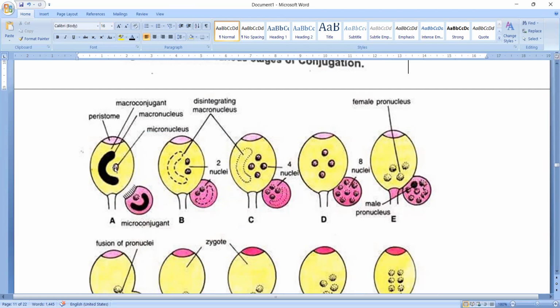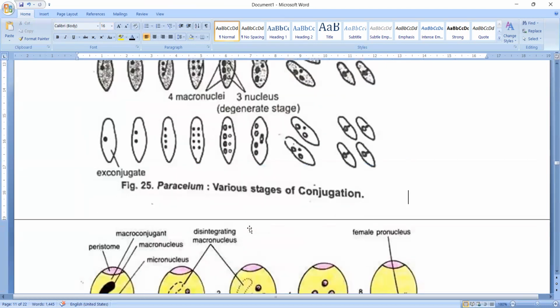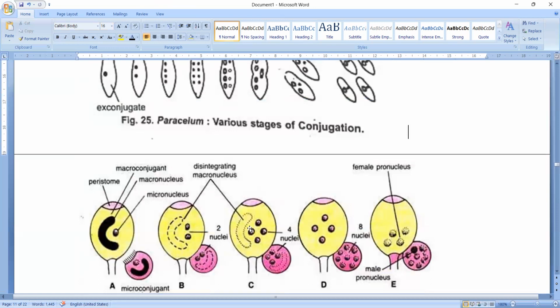Here, during this process also, whenever the energy is lost, in unfavorable conditions, there will be the starting of conjugation.